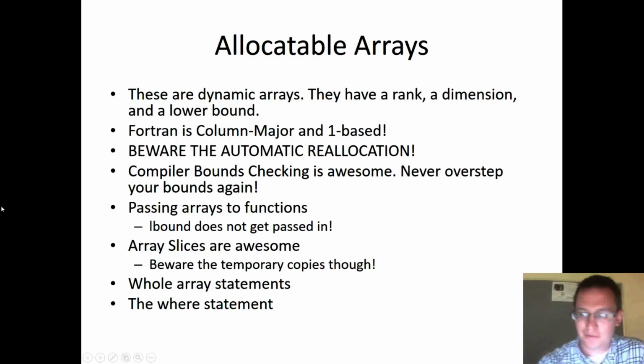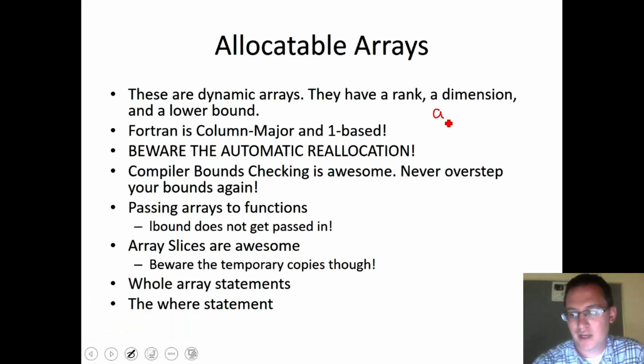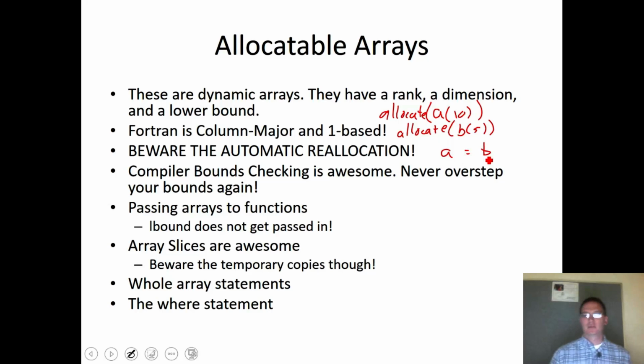So if I have an allocatable array, and I am going to allocate it to be size 10, and then let's say I have another one, array B, to be size 5, and then I say A equals B. By default, what this will do is it will say, oh, A and B are not the same size.